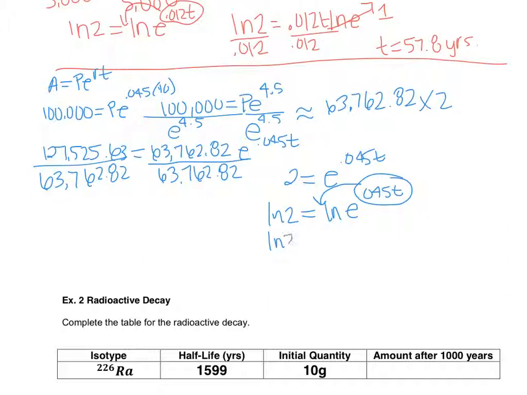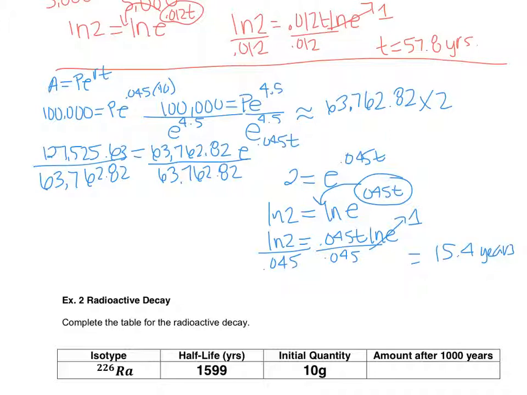So ln of 2 equals 0.045t ln e. ln e goes to 1. So then all we have to do is divide out the 0.045. So in your calculators, you're going to plug in ln of 2 divided by 0.045, and we wind up with a time of about 15.4 years.